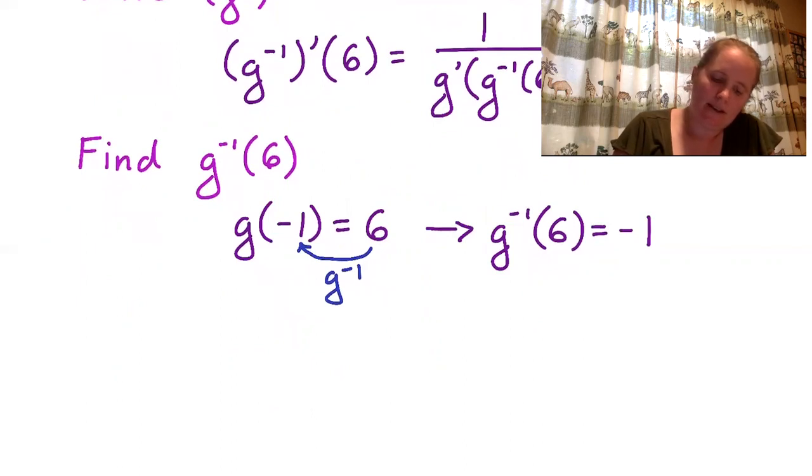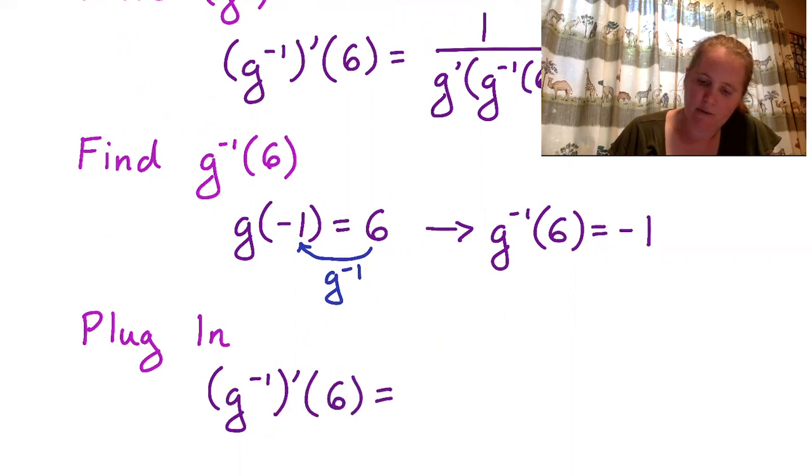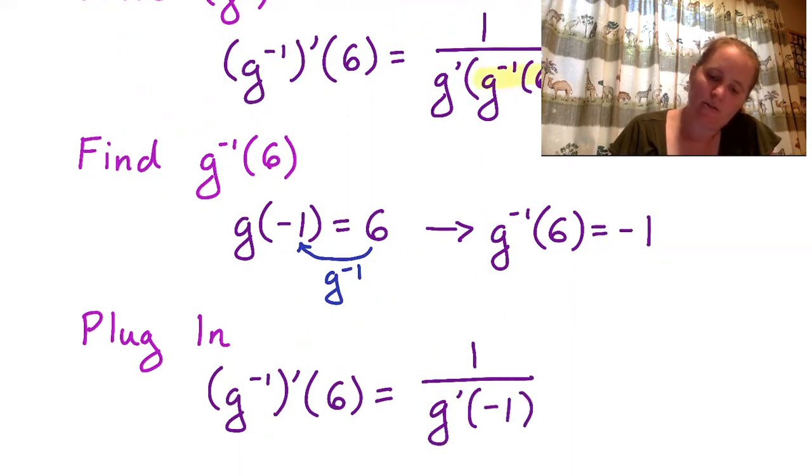So if we plug that in, the derivative of g inverse evaluated at 6 is equal to 1 over g prime evaluated at negative 1. Again, g inverse of 6 is equal to negative 1, so we plugged in negative 1.